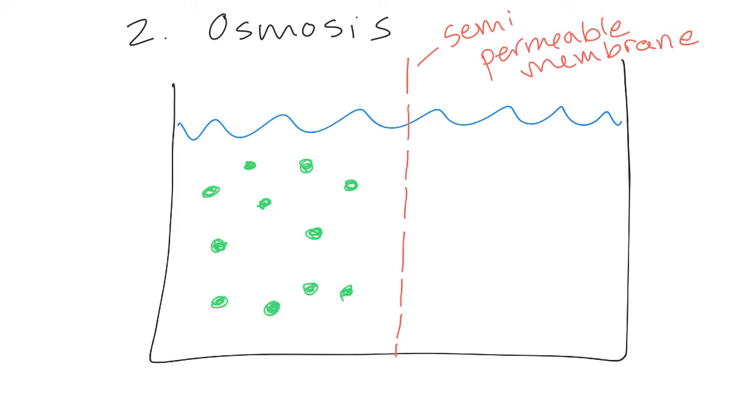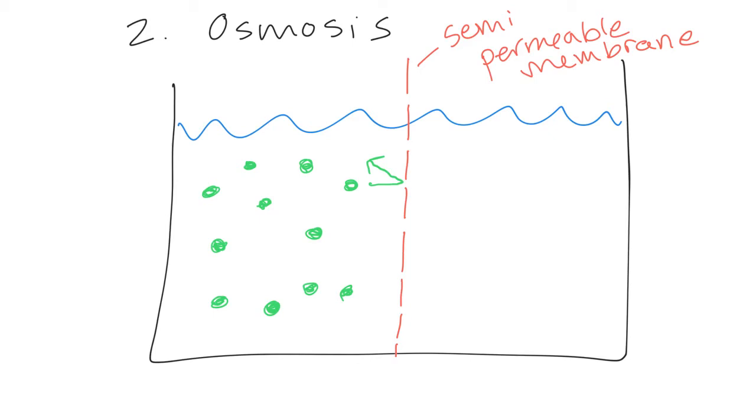All right, let's say this is glucose. If this semi-permeable membrane was not here, what would happen to the green molecules? Spread out, right? They would diffuse. But because it can't get through there, these little pores are too small, so every time it tries, it just bounces out, okay?